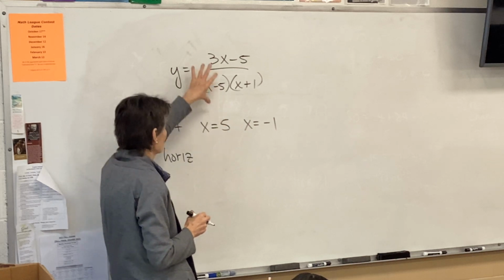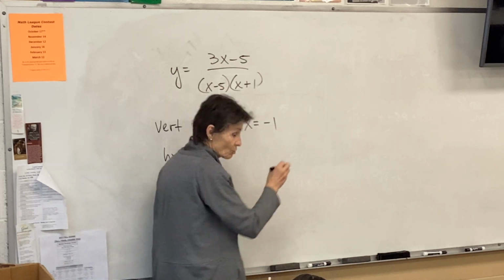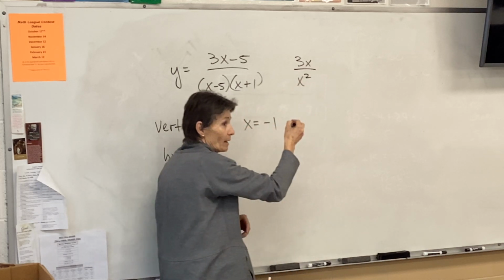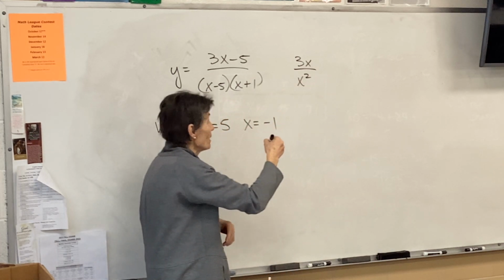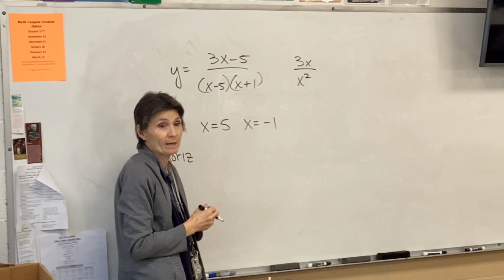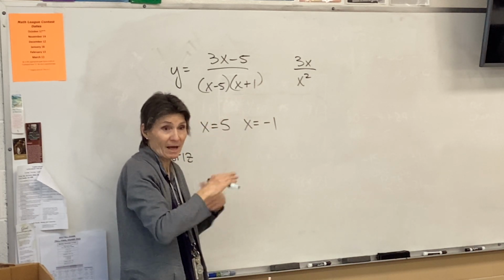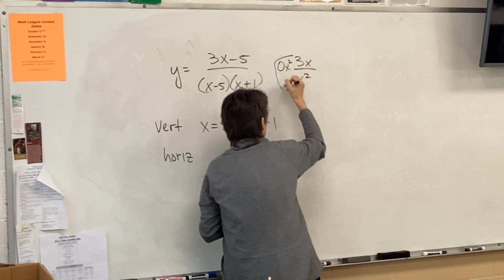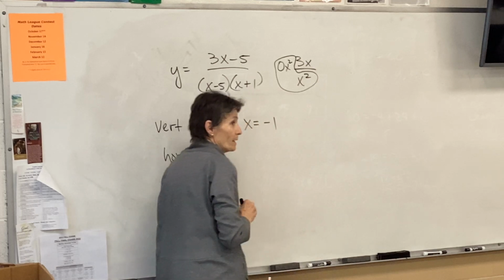Now where does my horizontal come from? The x's. Look at the original problem, which was 3x over x squared. That's all I care about when I'm doing my horizontal asymptote. And what do you notice about that? There's no x squared on the top to balance out the 1 in the bottom. So I'm going to think of that as no x squareds over 1x squared.